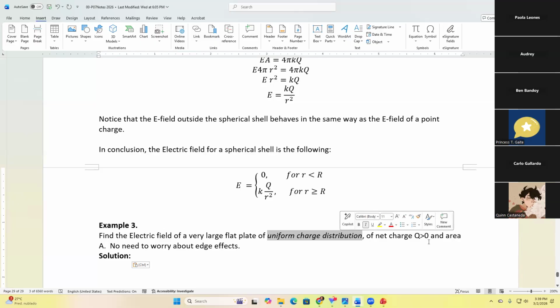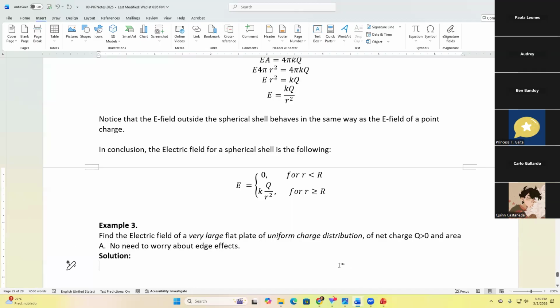The plate has a net charge Q greater than 0 in an area A. Okay? Don't forget, it's very large. No need to worry about the edge effects.